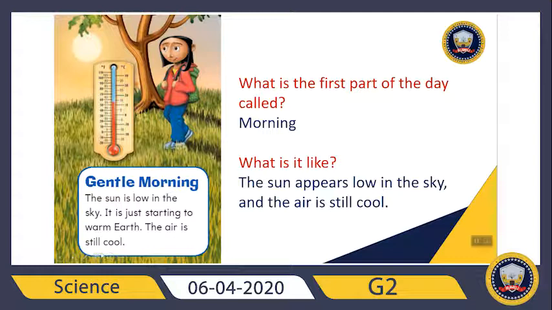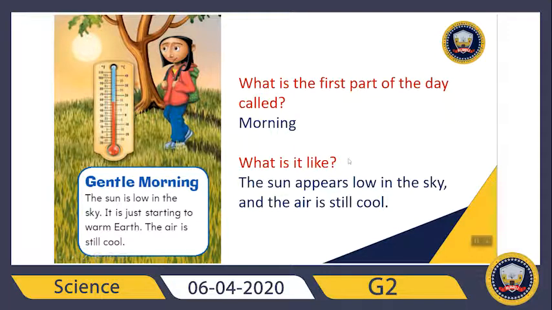The air is still cool, so the first part of the day we call morning. The morning is the first part of the day. The sun is low in the sky and the air is still cool.